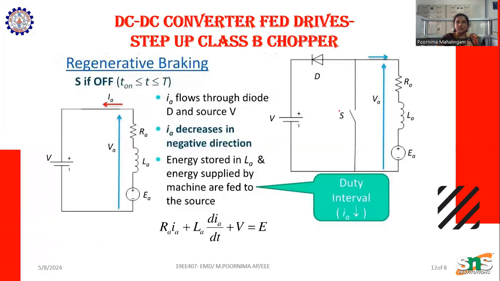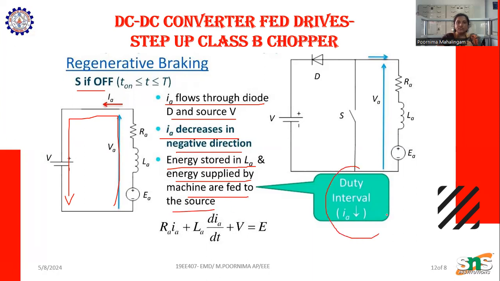When switch S is in the off condition, the armature current flows through the diode and the source voltage V. So the armature current decreases in the negative direction. The energy stored in the armature inductance and the energy supplied by the machine are fed to the source during the interval. The armature current decreases, and the equation is shown here.